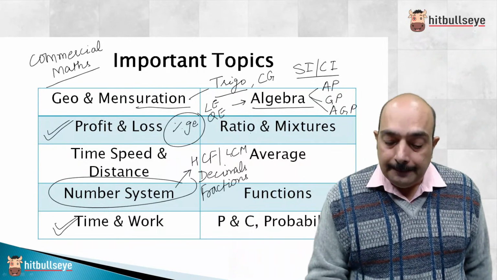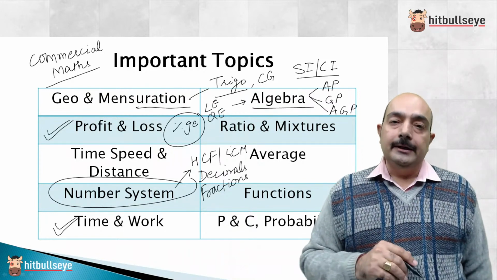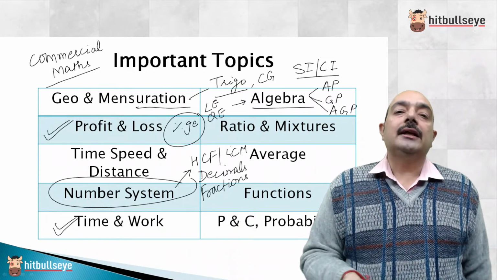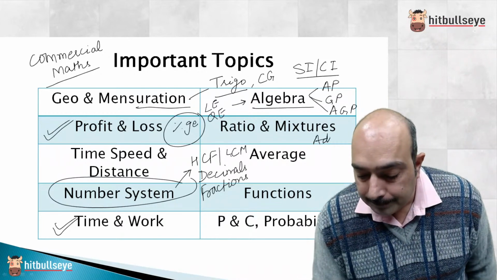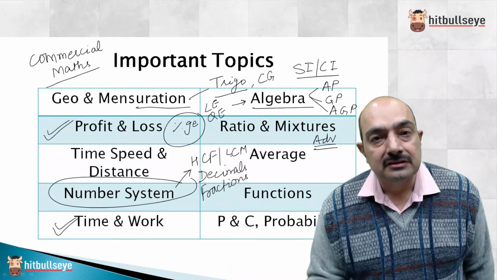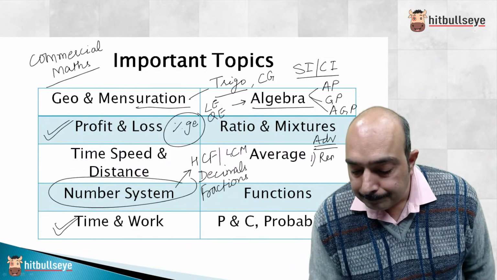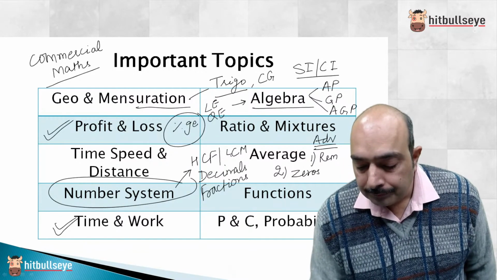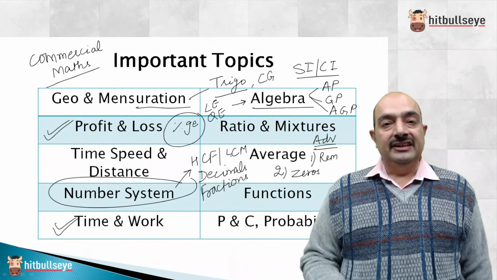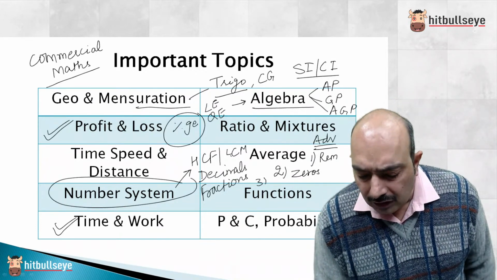You will always find HCF LCM and decimal fractions on a reasonably easier side as compared to slightly tougher questions on numbers, which we call advanced numbers. When I say advanced, you can include remainders and number of zeros. Yes, questions on remainders, number of zeros. Then you have factors, a lot of things.